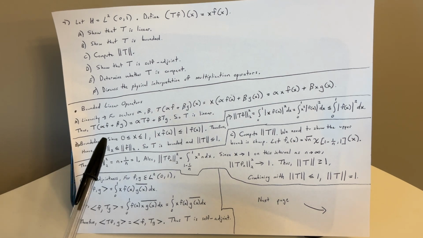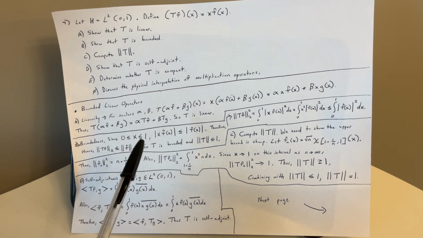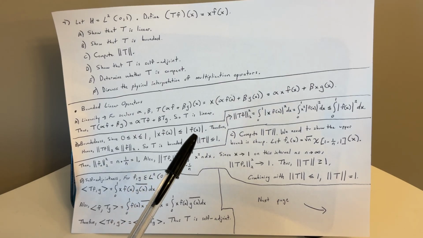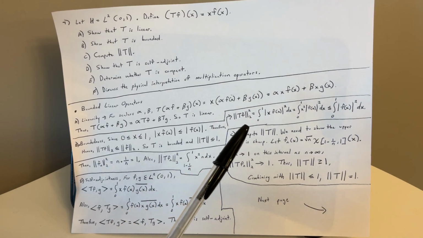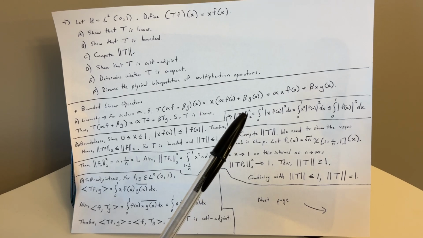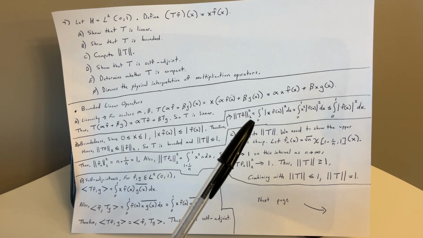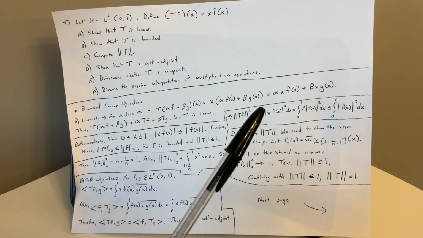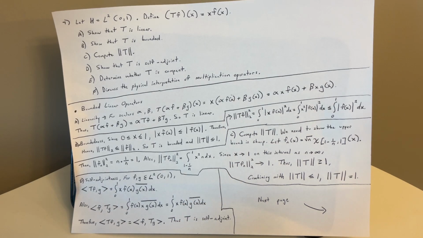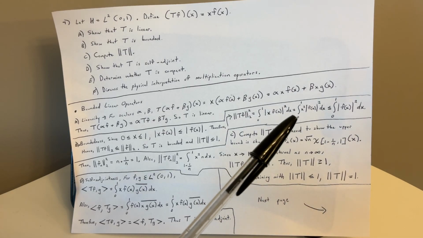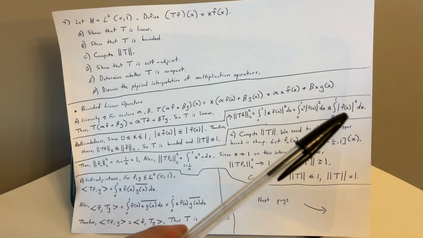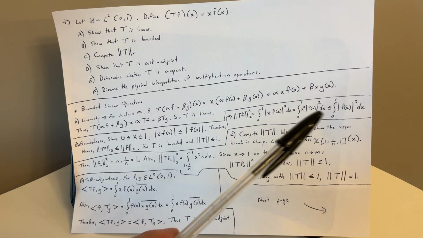For boundedness, since we have this interval, the absolute value of x times f of x is less than or equal to the absolute value of f of x. Therefore, the norm of Tf squared equals the integral from 0 to 1 of the absolute value of x f of x squared dx, and we have this inequality between the two integrals.